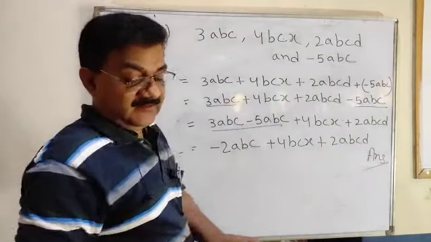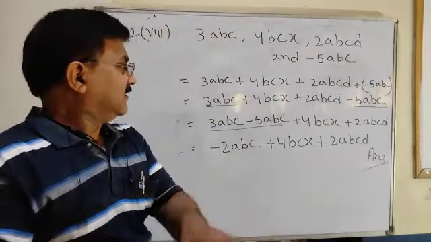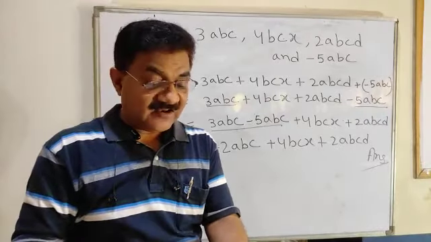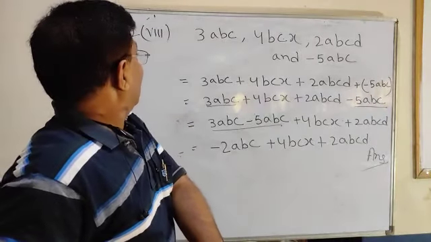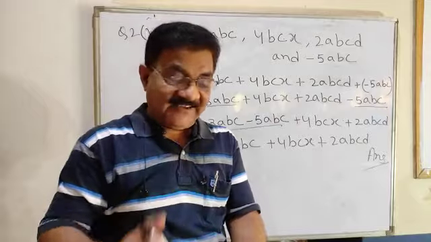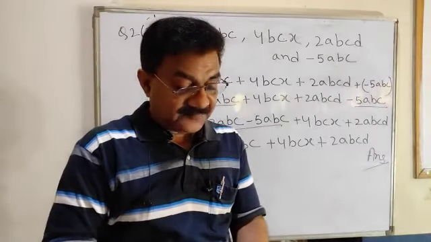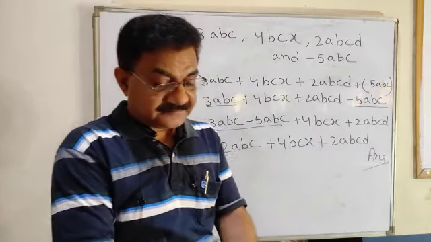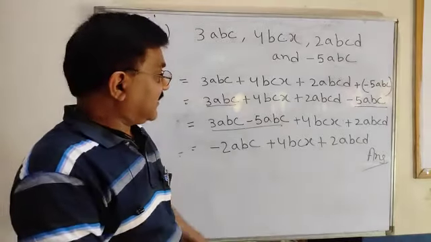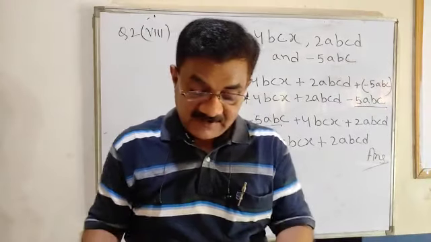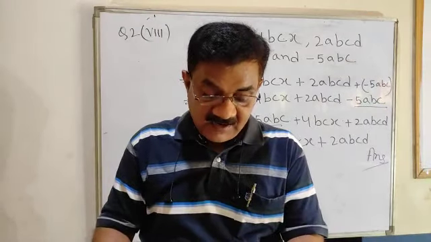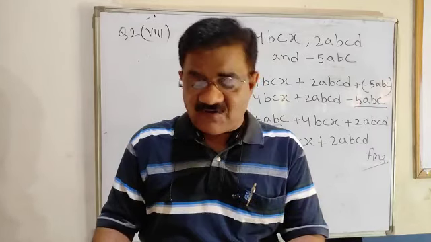Once more, see it, dear children, that addition and subtraction is possible only between the like terms. So that is the answer. Question number 2 you must have understood. Now add each pair of expressions.